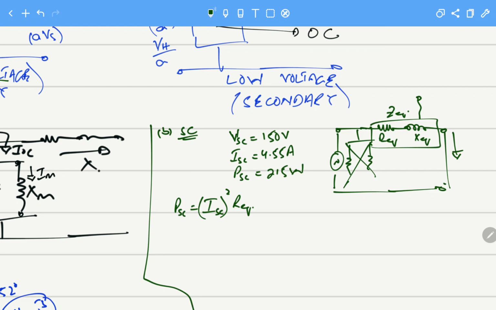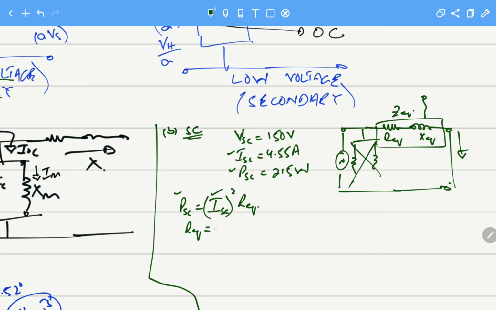So if we put all the values, we have the value of I short circuit, we have the value of P short circuit, so the value will become 10.4 ohms. And remember, this is the R equivalent reflected at the higher voltage side.